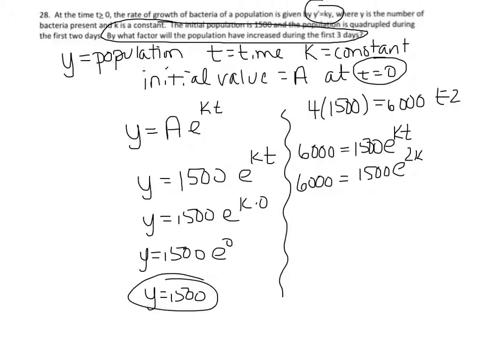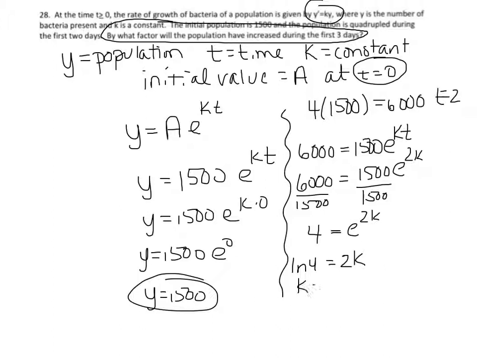We would like to find what the value of k is for this scenario. So the first thing I'm going to do is divide each side by 1,500. Oddly enough, that's the exact opposite of what we did before. We multiplied 4 times 1,500 to get 6,000, so this is going to be 4 is equal to e to the 2k. And then to solve for k, I'm going to take the natural log of each side.